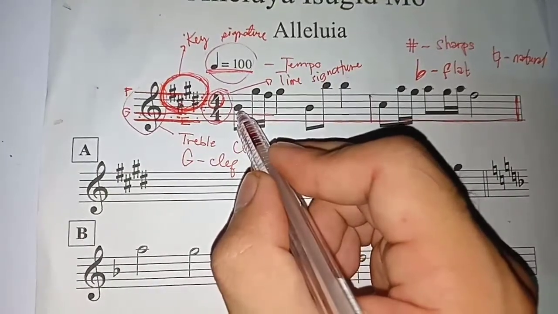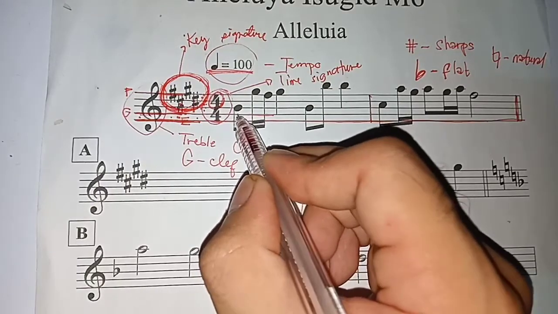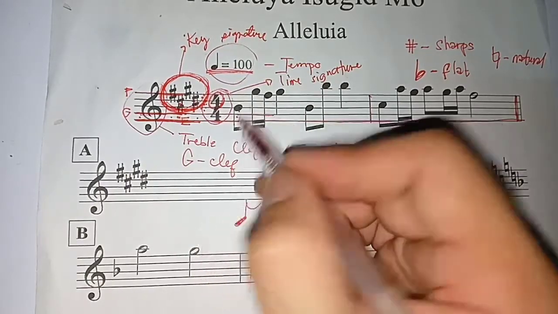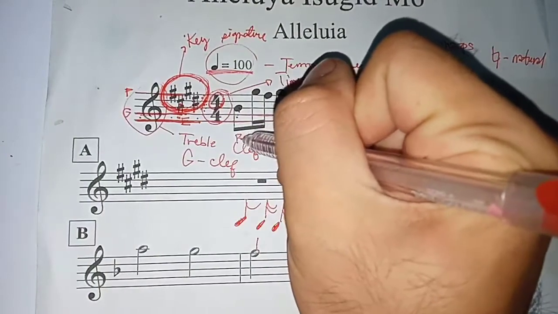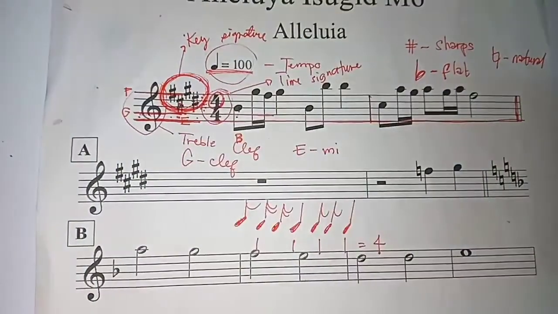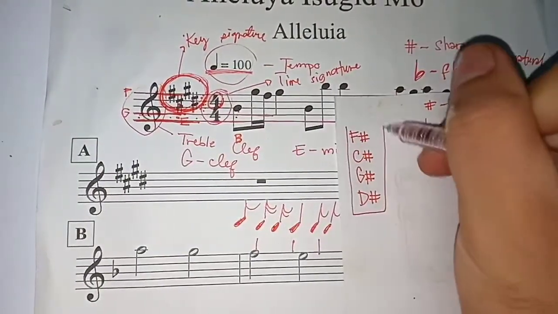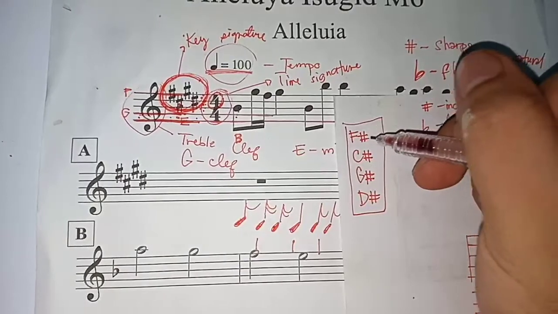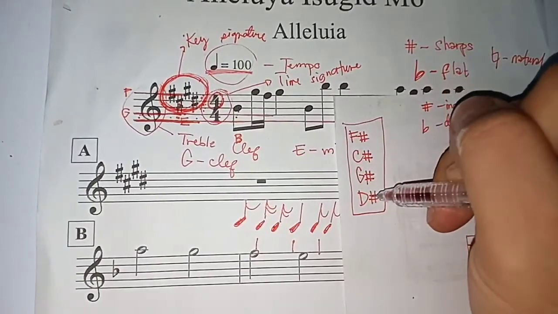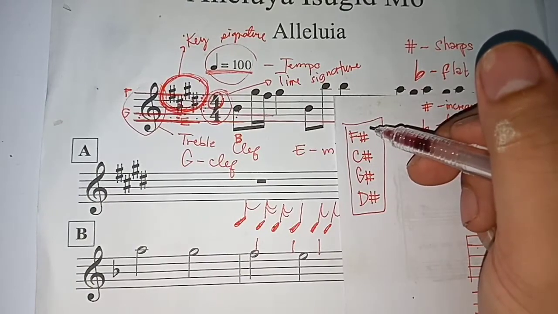So let's start from this note. E, F, G, A, B. So we have here B, that is a normal B. We have to remember that we have F sharp, C sharp, and D sharp as our guide.